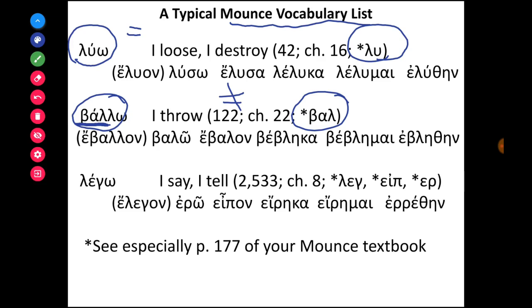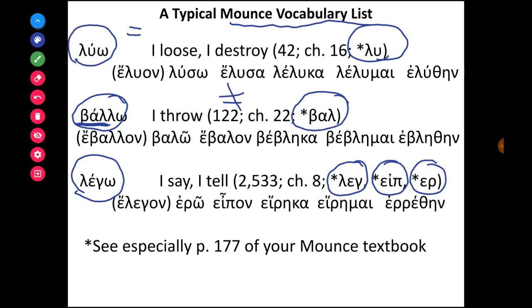As a means of remembering how to form certain tenses, you simply have to memorize the verbal root along with the lexical form. And for something as complicated, for example, as lego, which means I say or tell, it actually has 3 different verbal roots that are used in 3 different tenses.